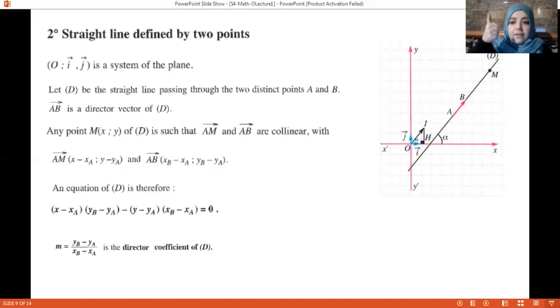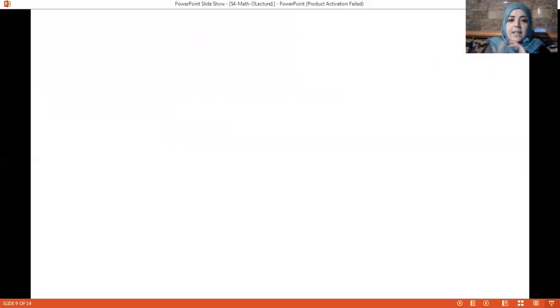If I have a point and the directing vector, I create a point and I just apply the collinear condition. If I have 2 points, A and B given, I create a point M and I find AB and AM and apply the collinear method, okay?